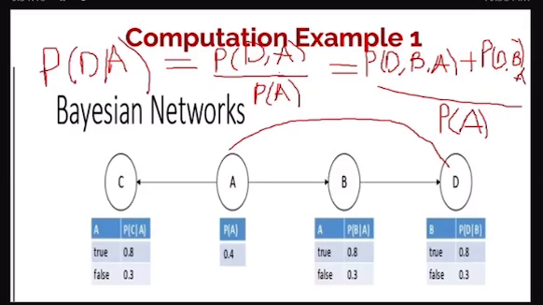Now the probability of a child given the grandparent: we're going to consider a total probability where we observe the immediate parent and where we don't observe the immediate parent.